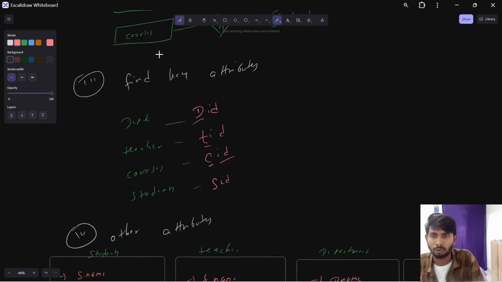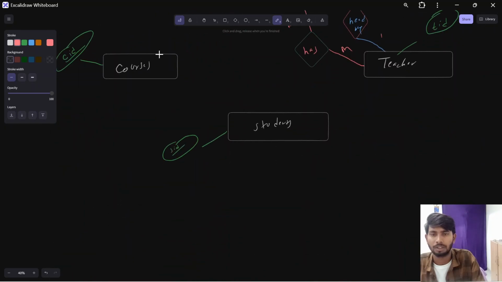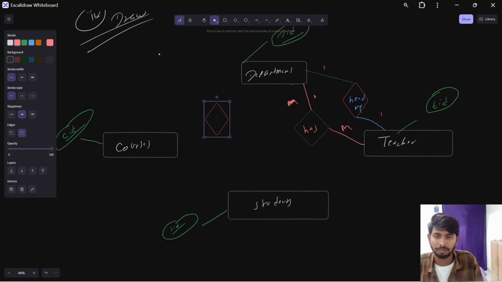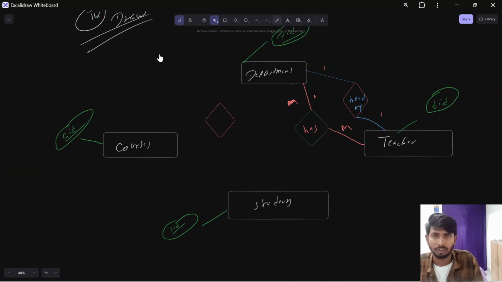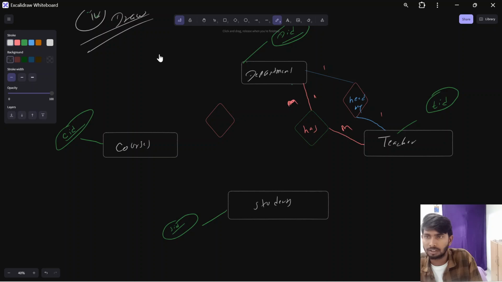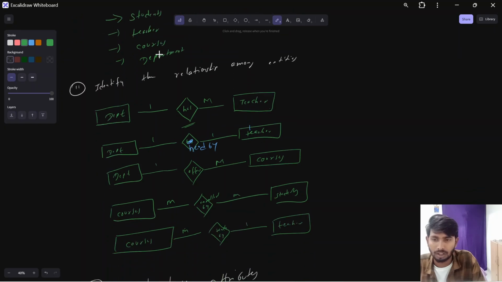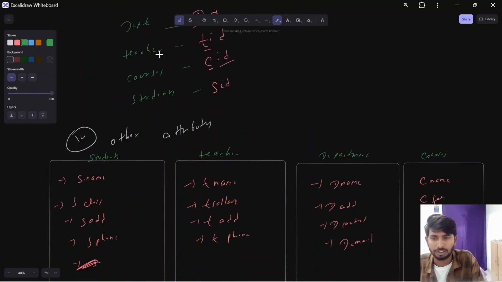Then department offers courses, na? This is the relationship between them. Now we can write here offer. One department offers many courses. Okay, next what we have: courses enrolled by students.